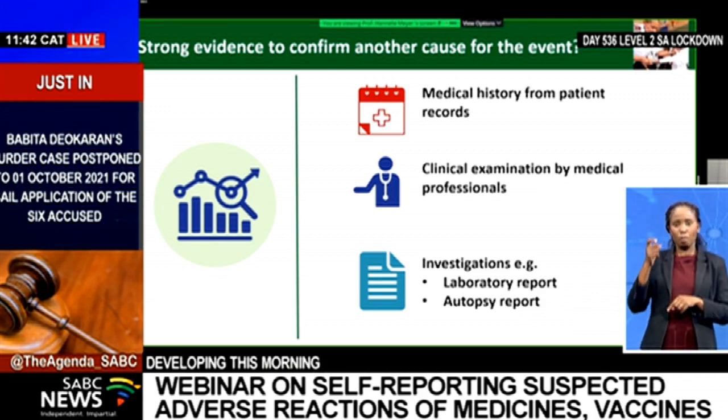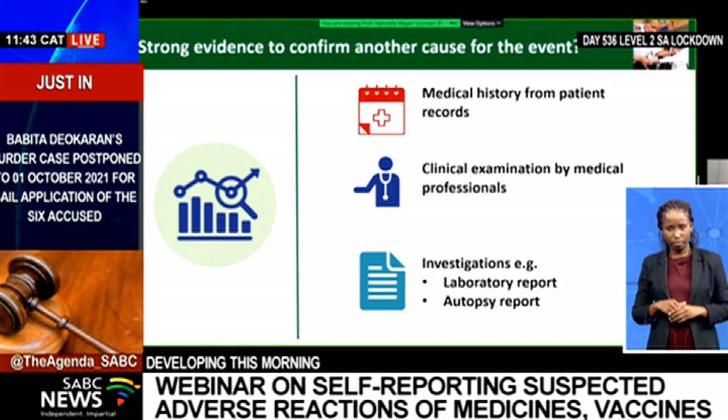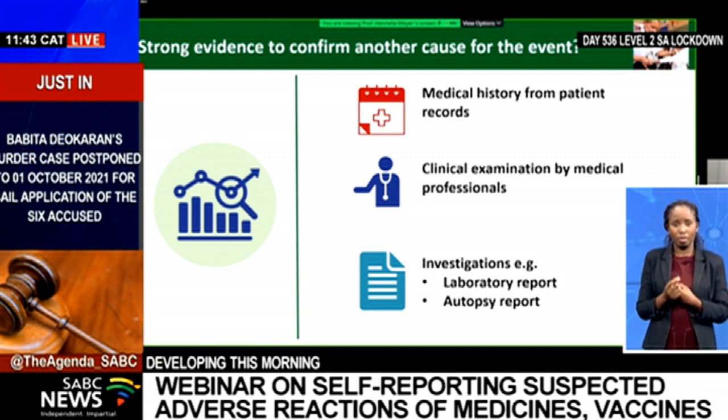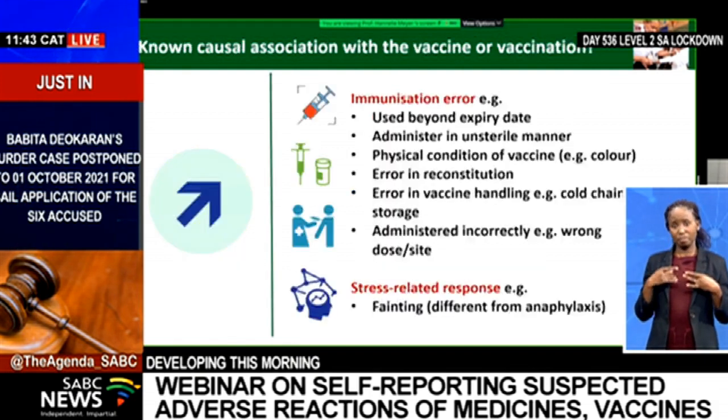And then you also look at investigations, for example, a laboratory report or an autopsy report. So in the case of a death, one of the investigations would then be an autopsy report. In the case, say, of a COVID-19 case, there would be a laboratory report showing evidence that the person tested positive for COVID-19 and also when the person tested positive.